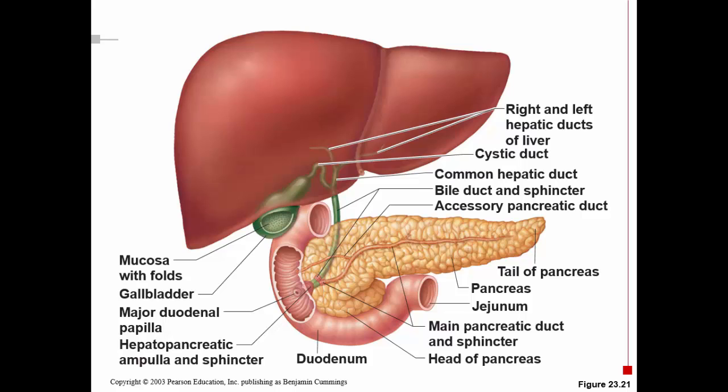So you'll notice at the top here, you have the liver, the largest organ in the body. And the liver is where bile is made. But here you'll notice the pancreas. Here's the pancreas. Here's the duodenum, the beginning of the small intestine.